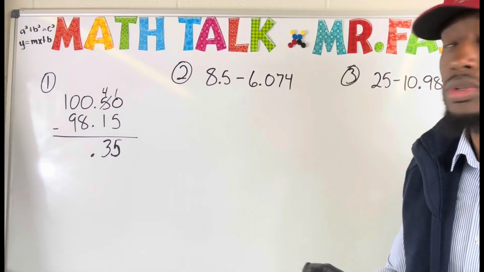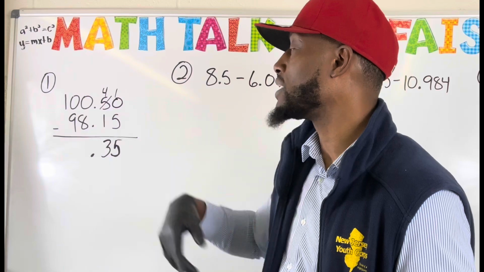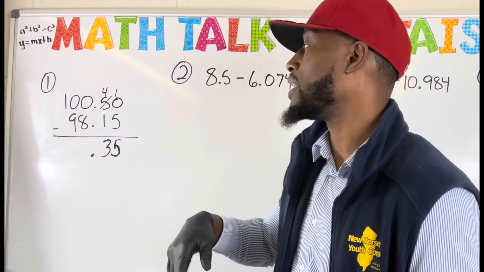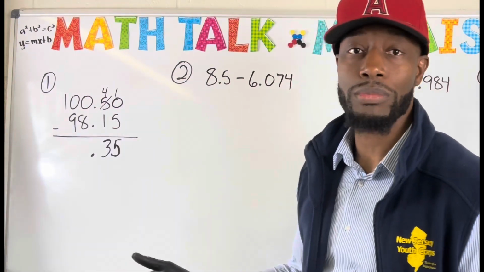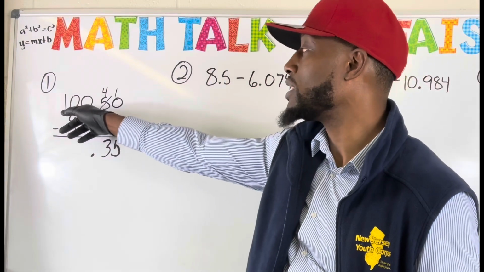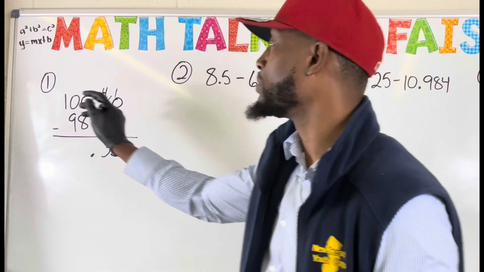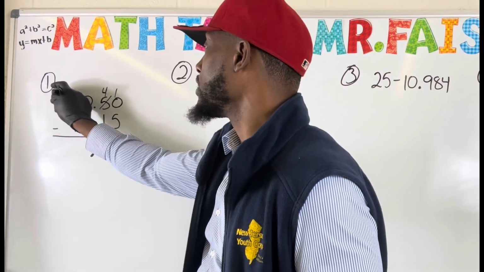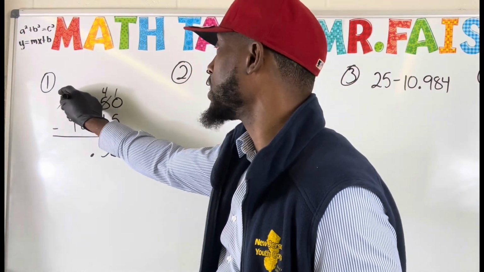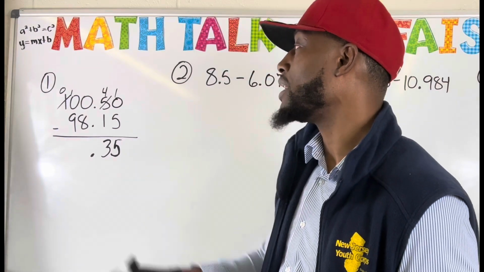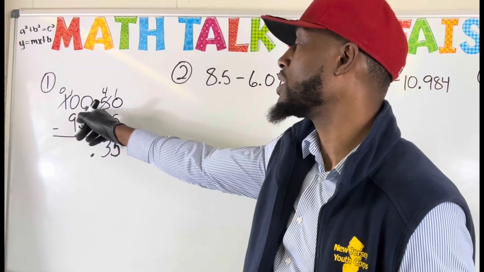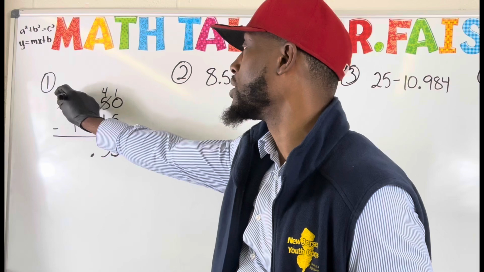So let's work on borrowing, right? I can't do 0 minus 98, and I can't do 0 minus 9. So I have to go over to the 1. It's like borrowing from your neighbor. This 0 went to this neighbor, and he was like, I don't got nothing. So you go to your next neighbor, the 1. We borrow from the 1. That now becomes a 0, and this becomes 10. But this 0 still needs help, so this 0 still has to go to this 10 to borrow something.